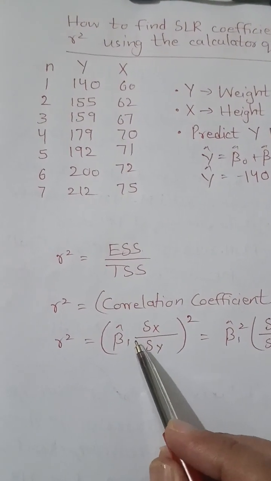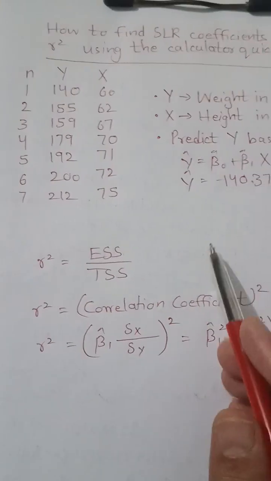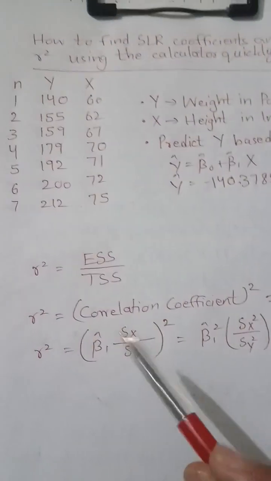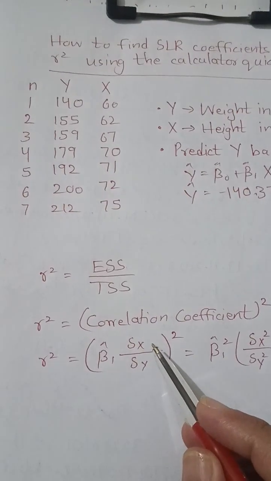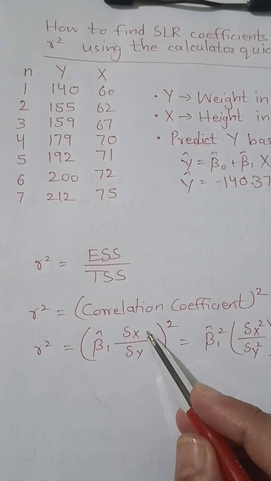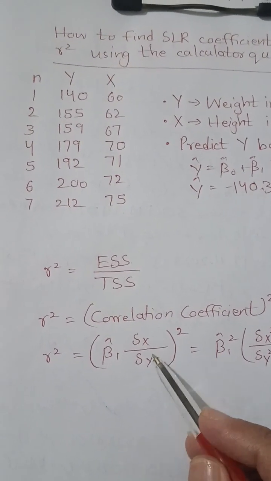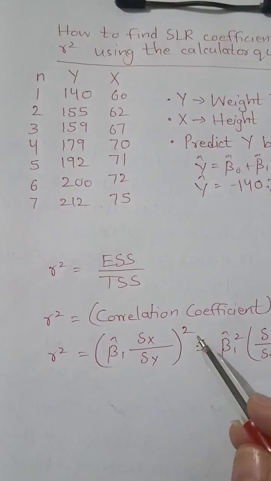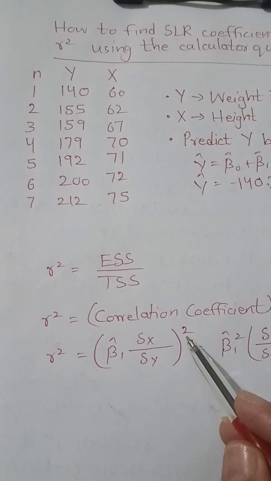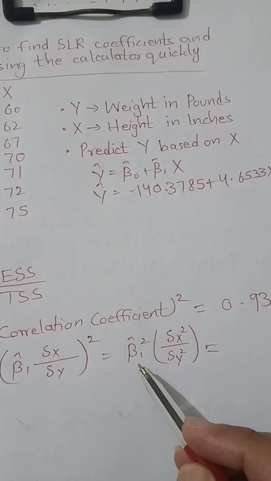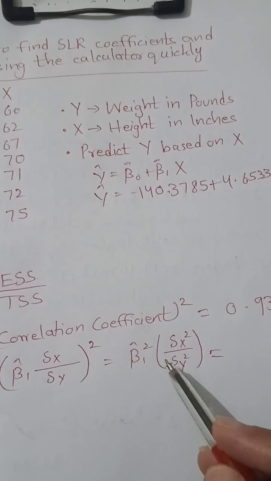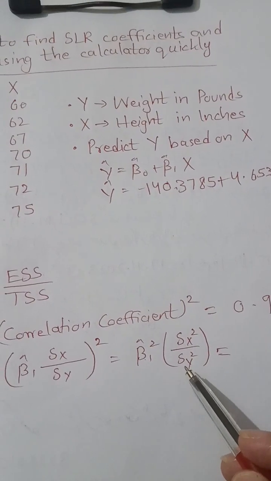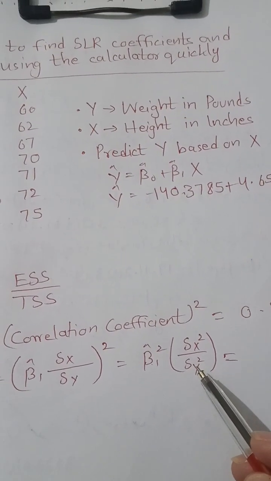Here beta 1 hat is the slope coefficient, which is 4.6533, and Sx is the standard deviation in the sample of the x variable. Sy is the standard deviation of the y variable in the sample, whole squared. Or we can say slope coefficient squared multiplied by variance of x in the sample divided by variance of y in the sample.